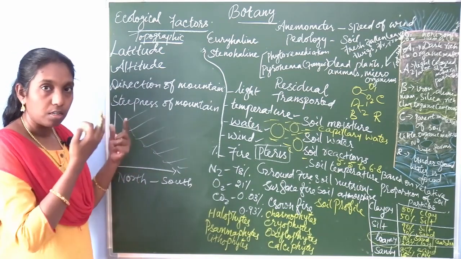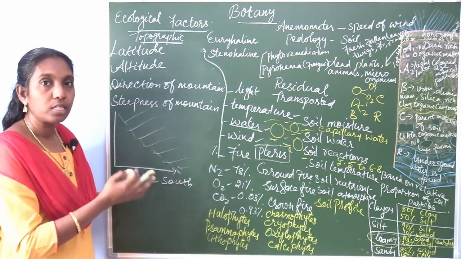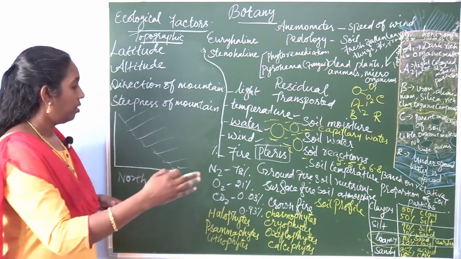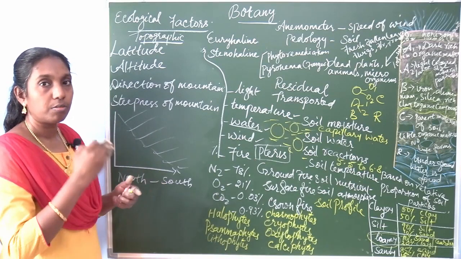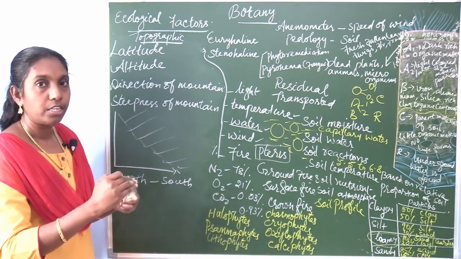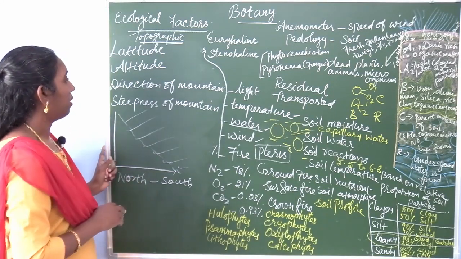Where the wind is high, it causes rainfall, and when rainfall is more, there is good vegetation. On the leeward side, the wind is less and rainfall is low, so it reduces rainfall and forms poor vegetation.